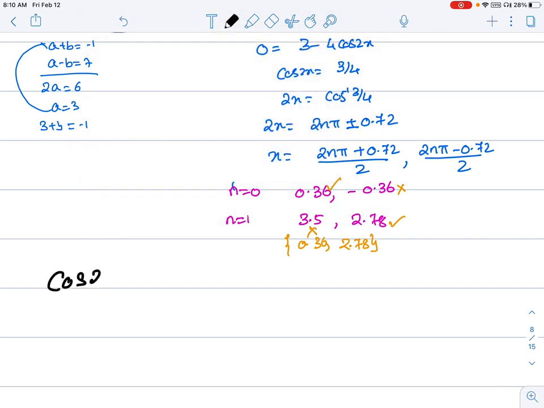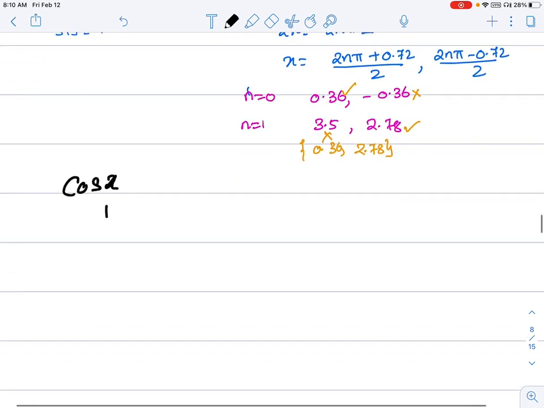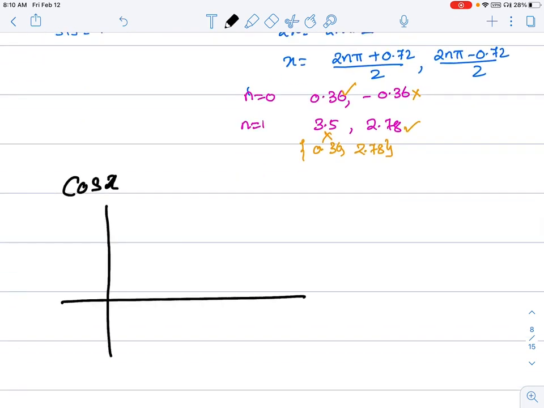First is cos x. I draw cos x. This is the basic full shape of the cos x graph. 0, pi by 2, this is pi, this is 3 pi by 2, and I'll try to draw up to 2 pi also.